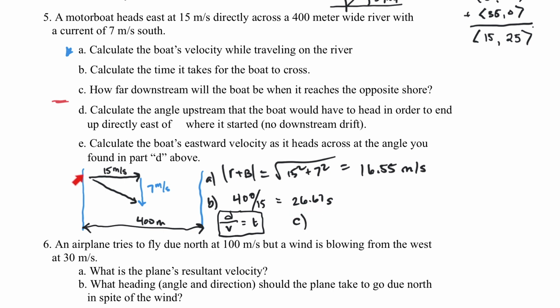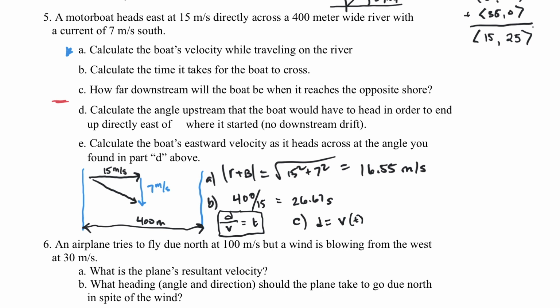If I multiply those together, I'm looking to find the distance, which equals the velocity times the amount of time spent traveling at that part. It's going to tell me how far I traveled.